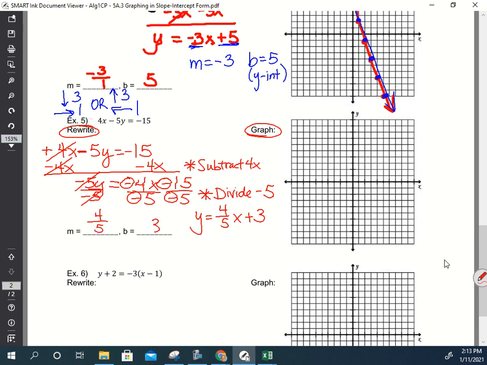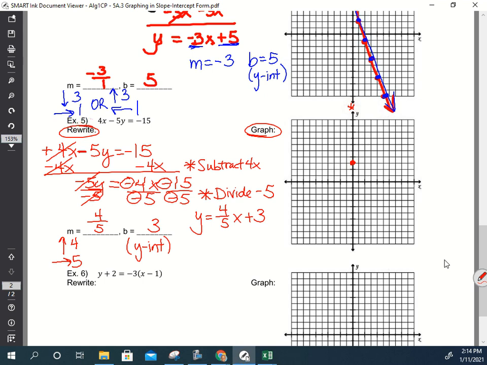Your y-intercept is 3. Which of these two numbers goes on the graph first? The y-intercept goes on the graph first. So take the 3, go to the y-axis, put your point on 3. Your slope is positive 4 over 5, so you're going to go up 4 and to the right 5.